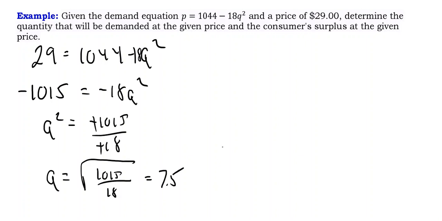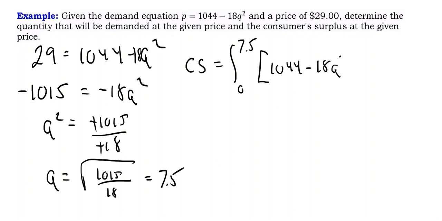So our integral for consumer savings or surplus is equal to, the bounds are 0 to 7.5. And then we want our demand function, which is 1044 minus 18Q squared, minus the price, 29, dQ.